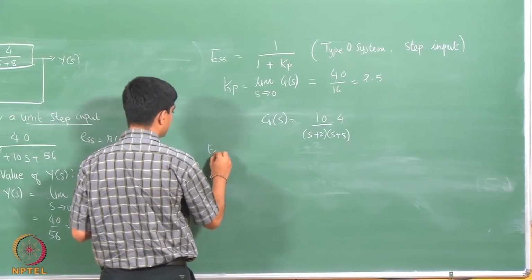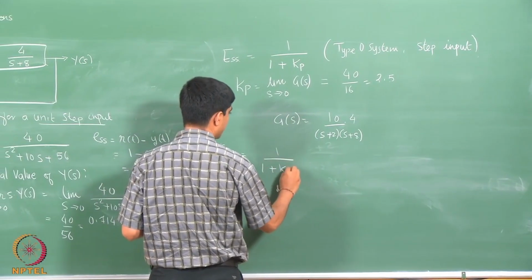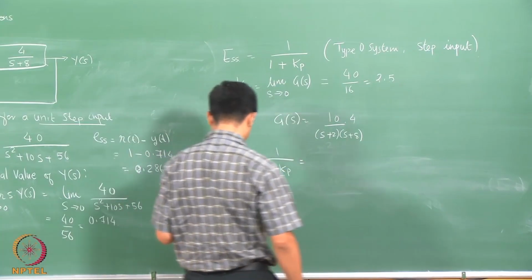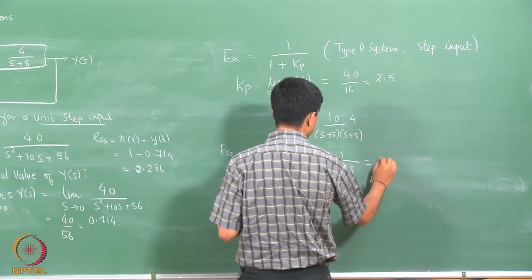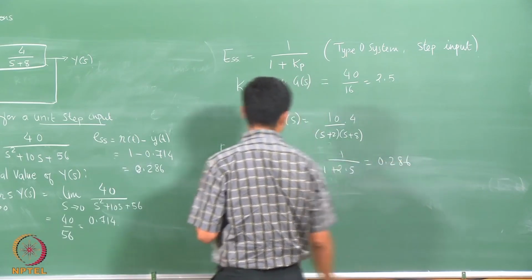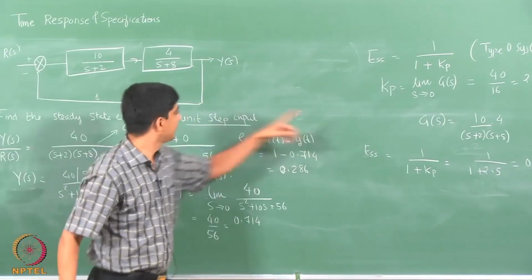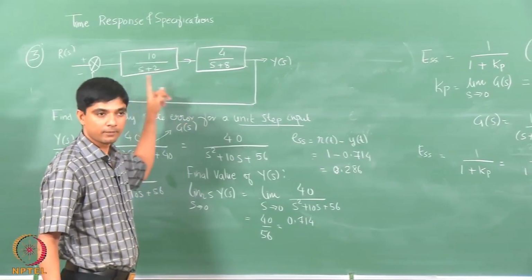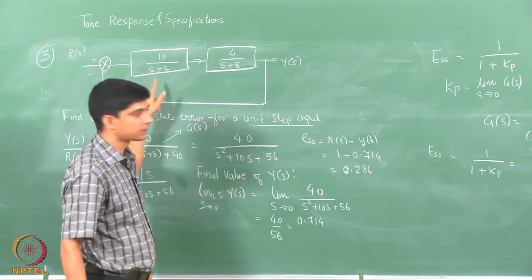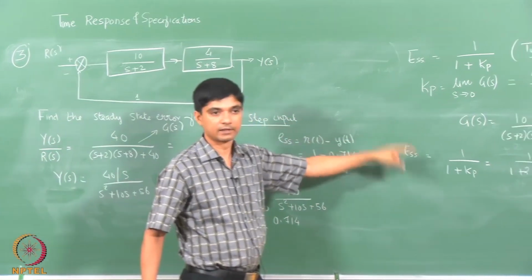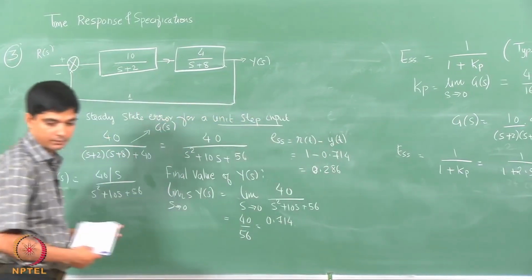So, the steady state error is 1 over 1 plus Kp is 1 over 1 plus 2.5, and that can be easily computed to be 0.286. Right. So, the advantage here is I do not really need to compute the closed loop transfer function. I can just look at the open loop transfer function and then compute these things directly. Okay. So, again they lead to the same thing, not surprising.